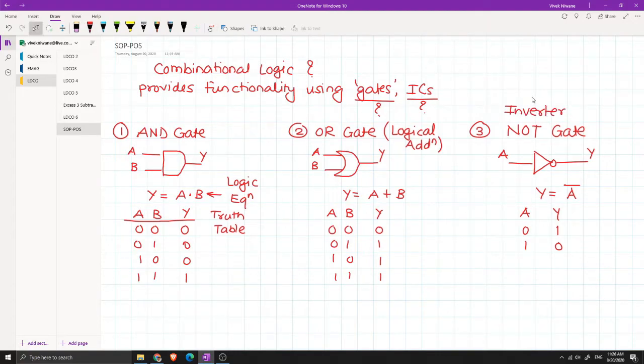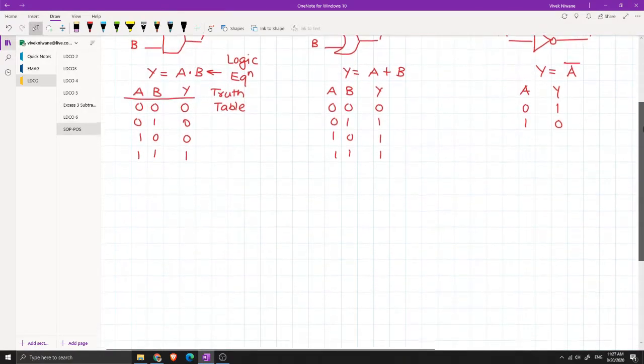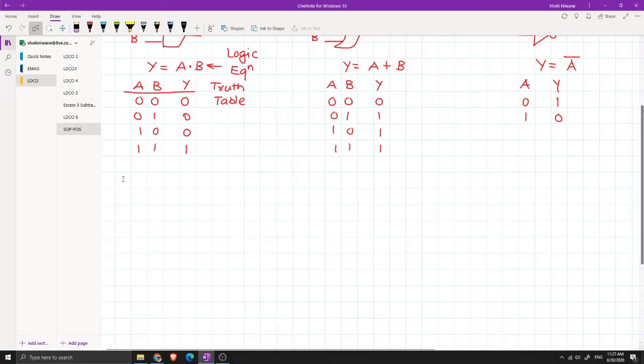Then the next gate, let us go for the NAND gate. Fourth is the NAND gate.